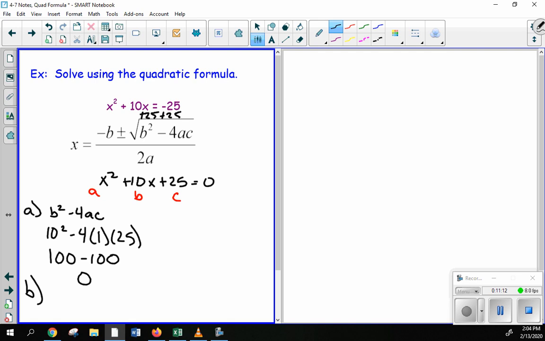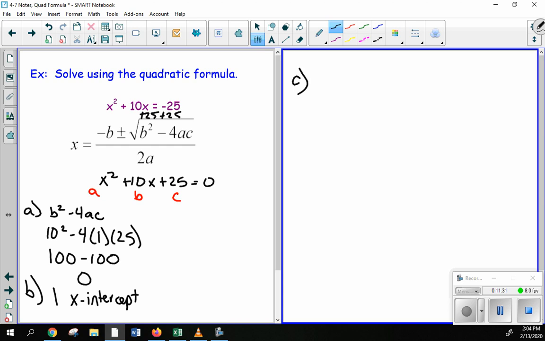Given that my discriminant is 0, how many solutions do I have? Yes, I have one x-intercept. Let's find out what it is. x equals negative b, so negative 10 plus or minus the square root of 0 over 2 times 1.